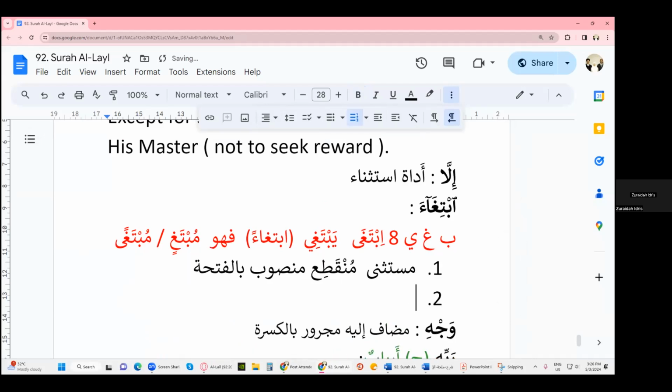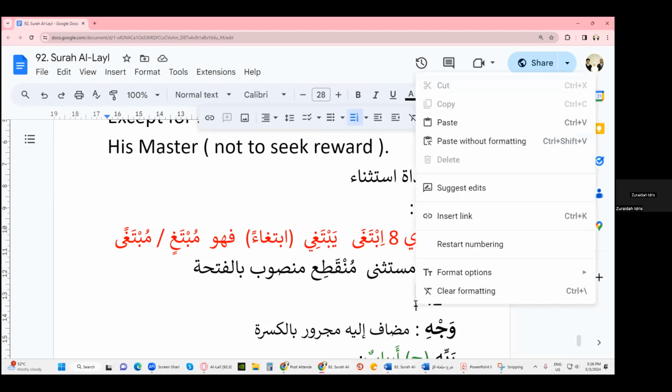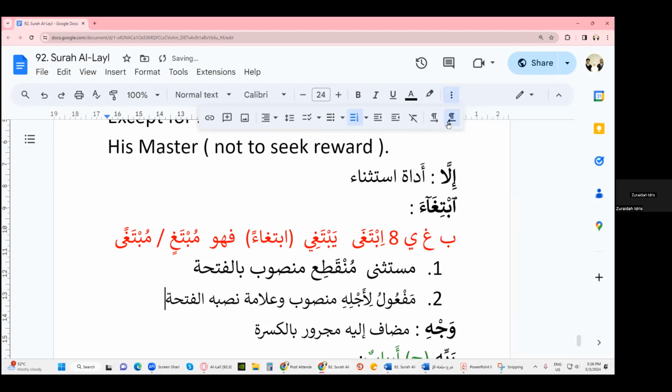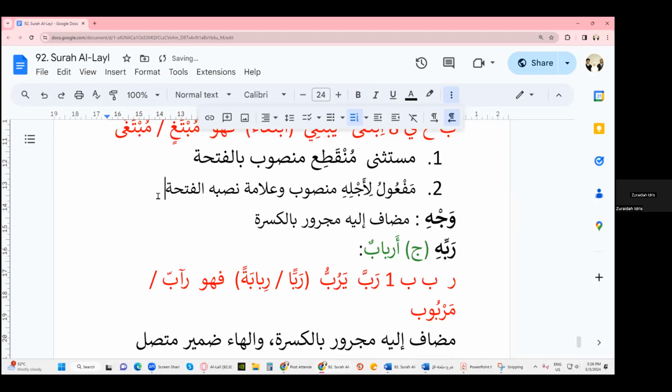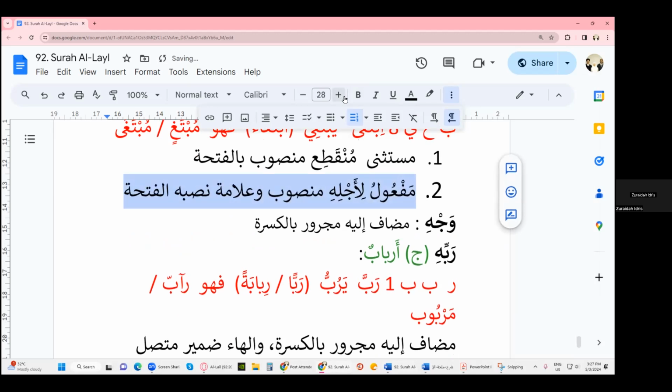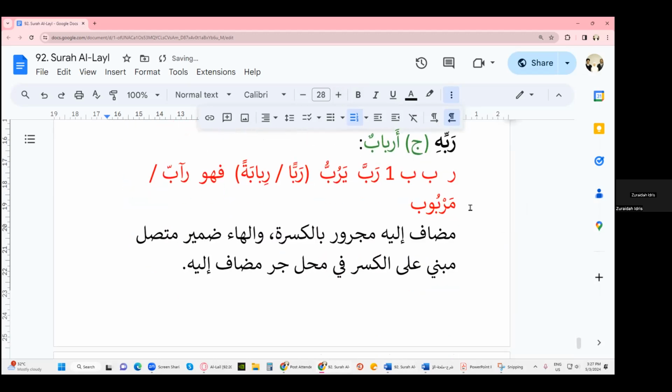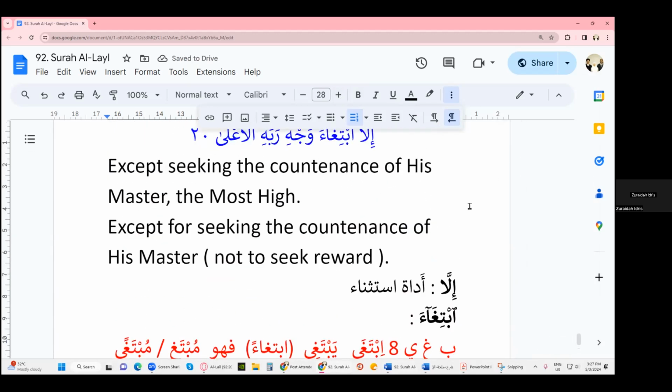And the second option, it's a maf'ul li ajlihi, and it's also mansub and so on. You can have that. Translation, more or less the same. Except this one is a clear exception. This one, you can word it in such a way that it is answering the question before.